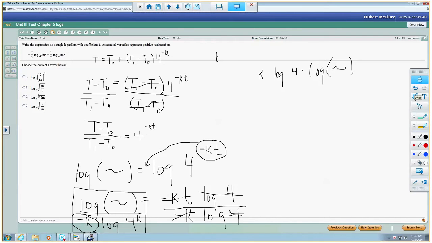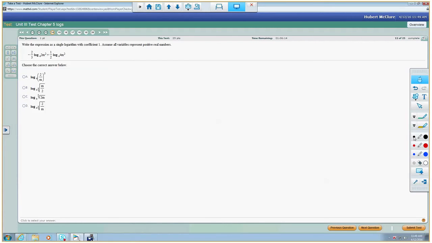All right, try that one. I'll write it out for you. This one says negative 2/3 log base 4 of 2m squared plus 1/2 log base 4 of 4m squared.